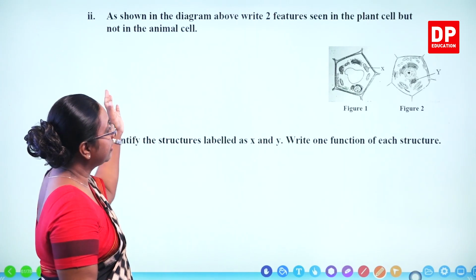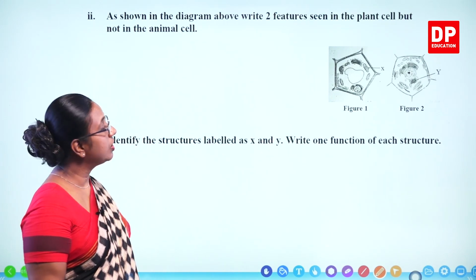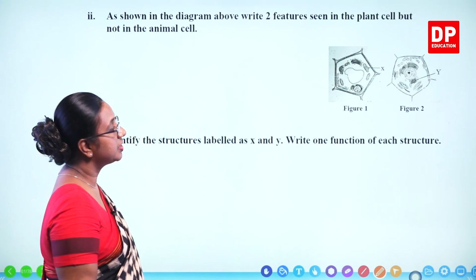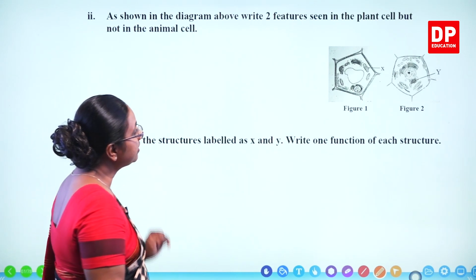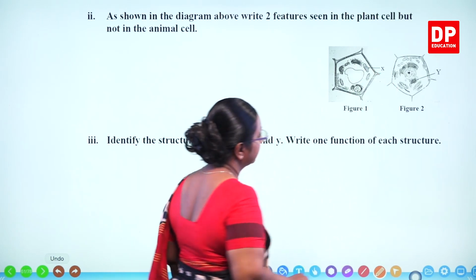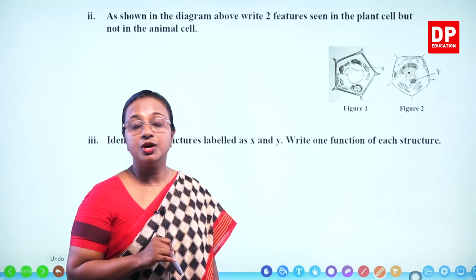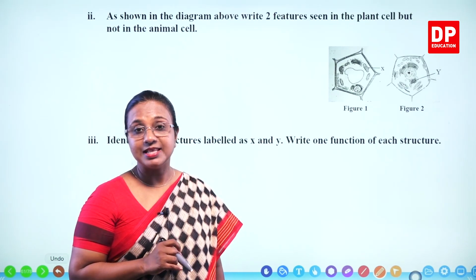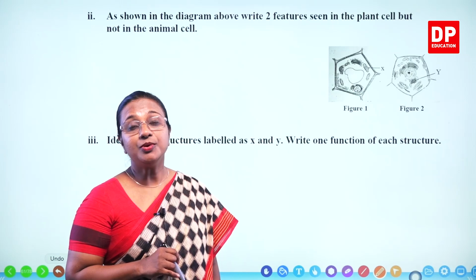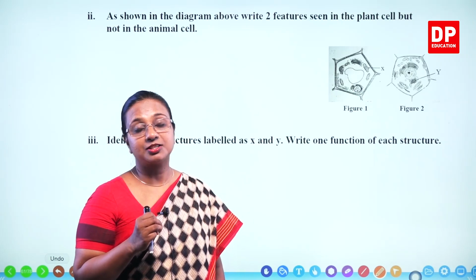So, we can write down that there is a cell wall and large central vacuole, and also here you can see structure X that is specific only to plant cells. What is that? Chloroplast. So we have seen 3 structures.